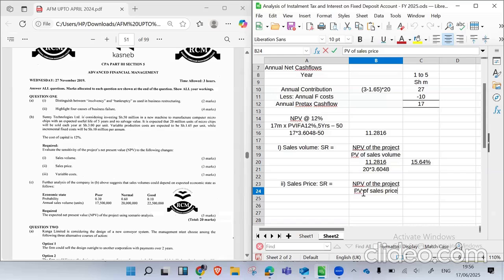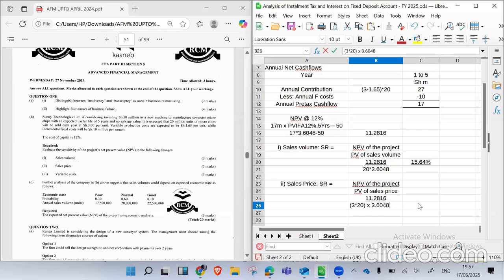Now this is the value of sales. So that is that one divided by the sales price. Price per unit is 3 times 20 million. Then we discount times 3.6048.